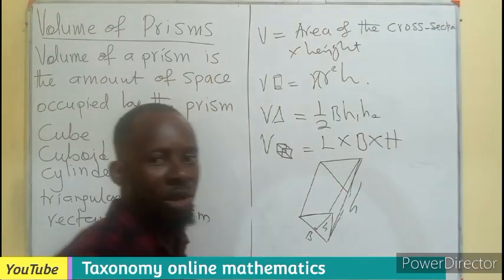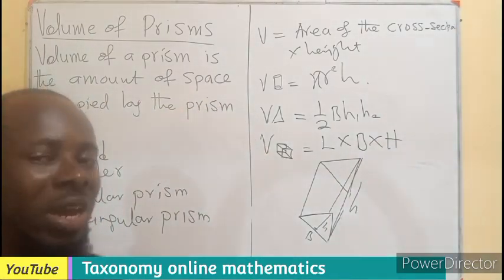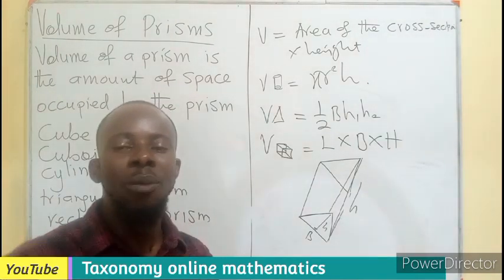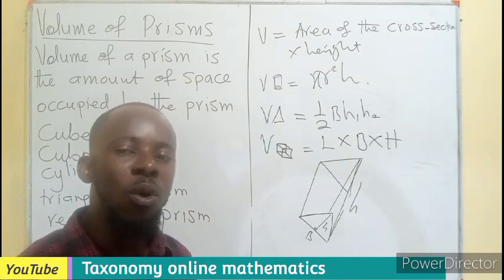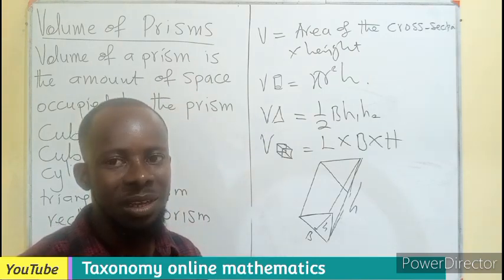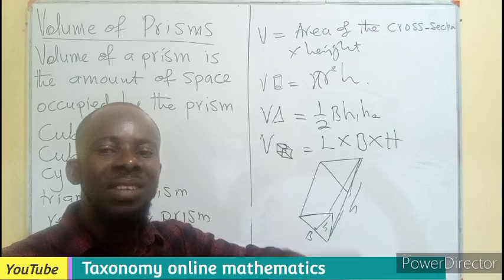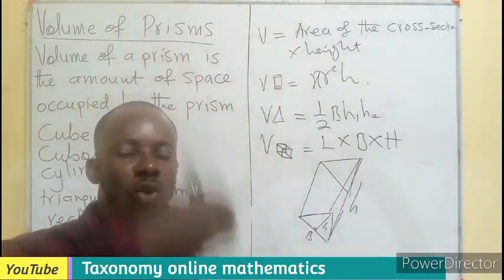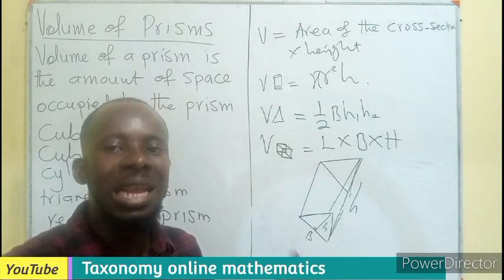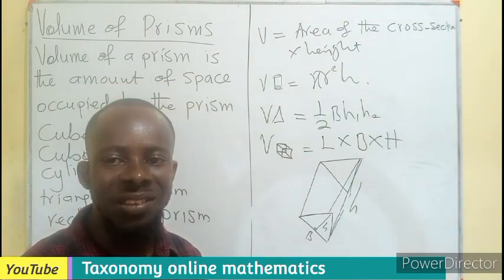The height. So in this episode, we are only throwing light on the formula of the prism, that is the volume of a prism. Any prism, just find the base area, then multiply by the height, how tall or short the height is, then you are able to get that.